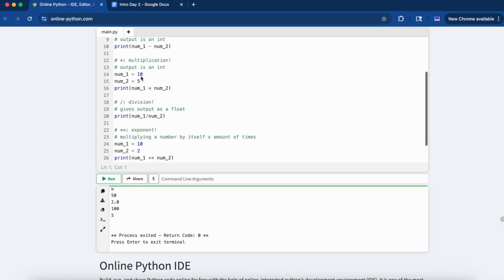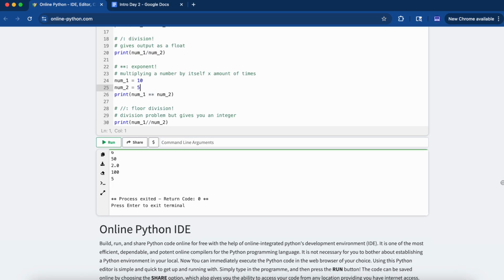Because over here, I think we did 10 and 5. Let's do 10 and 5 for better comparison. But we get 2 versus 2.0, which at first glance, that seems really helpful. Why doesn't everyone just use floor division instead of regular division?